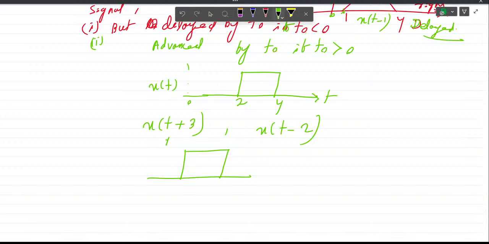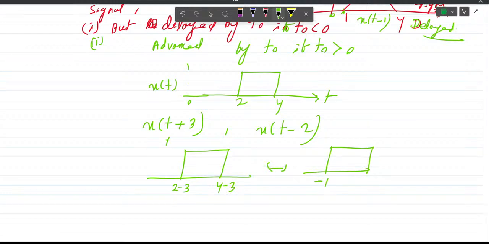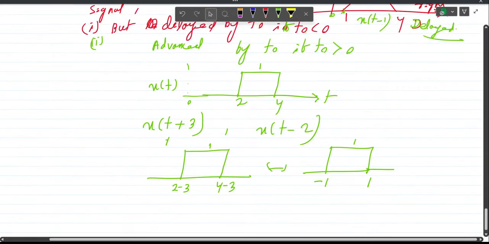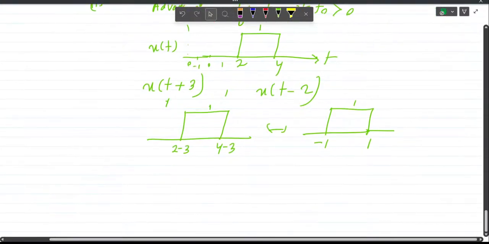When you shift left by 3 units, just minus 3 here and 4 minus 3 here is simply minus 1 and 1. Okay, clear? Or you can just simply count 3 units, here 1 unit it will be 1, 2 units that is 0, 3 units minus 1, either way.